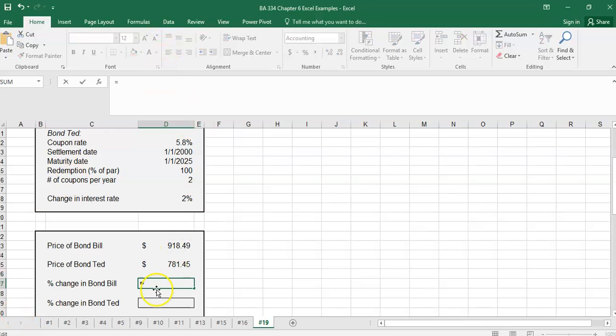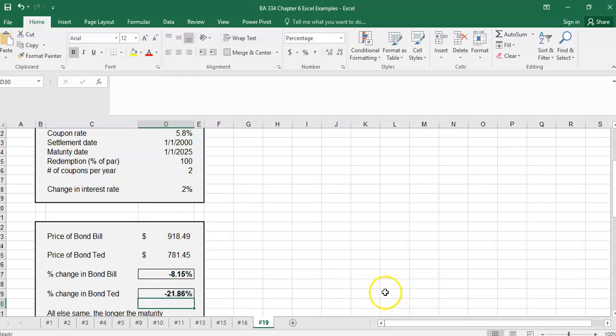So price minus 1,000, and we'll put parentheses around that, and then divided by 1,000. We want that shown as a percentage. And then the same with Ted. We have the price of Ted minus 1,000 divided by 1,000.